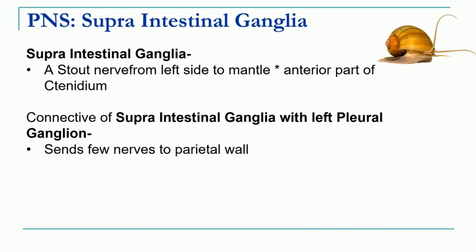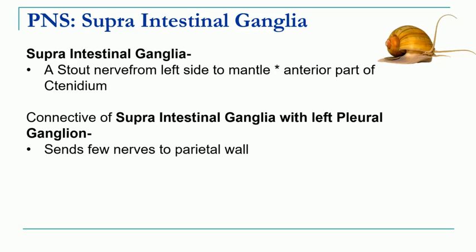Now we come to the next type of ganglion, that is the supraintestinal ganglion, where supra means above the intestine. From the supraintestinal ganglion, a single large nerve arises from the left side, supplying the mantle region and the anterior part of the ctenidium.